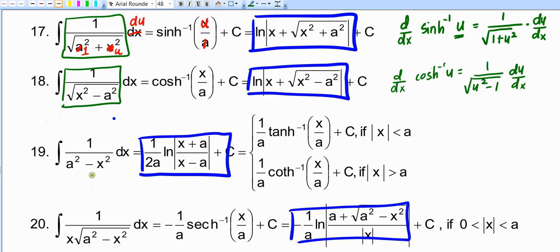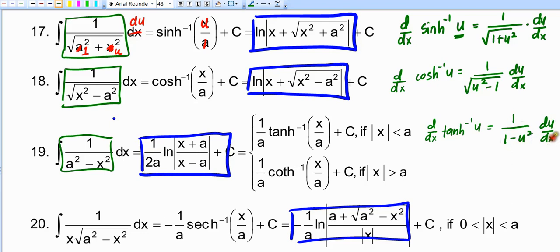So d over dx of inverse hyperbolic tangent u equals 1 over 1 minus u squared, times du dx. This formula is also the same for d over dx of inverse hyperbolic cotangent u.